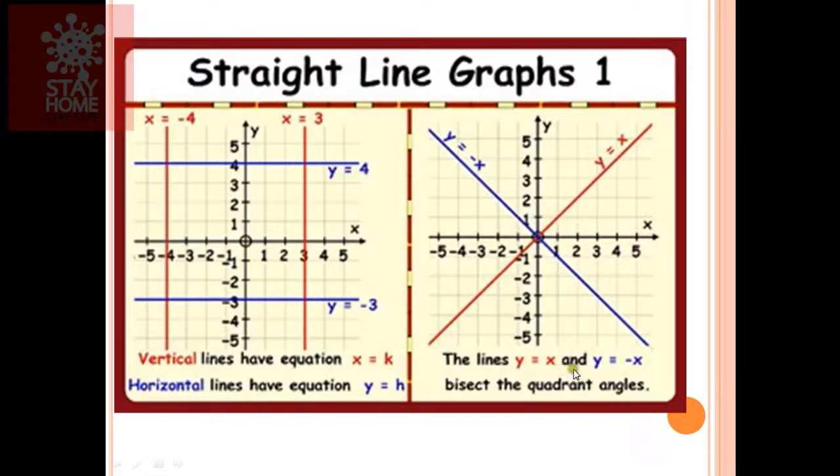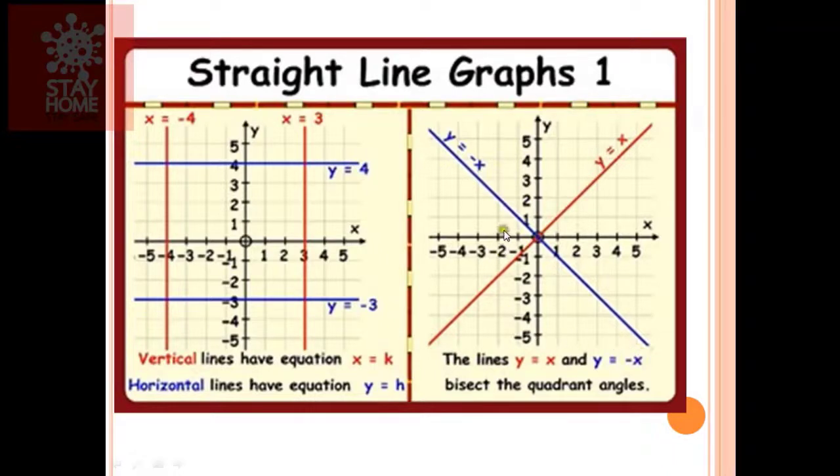The lines y is equal to x and y is equal to minus x bisect the quadrant angles. It means as the value of x increases, y increases. As the value of x decreases, y decreases. So that's why y is equal to x will be positive slope and y is equal to minus x will be negative slope.